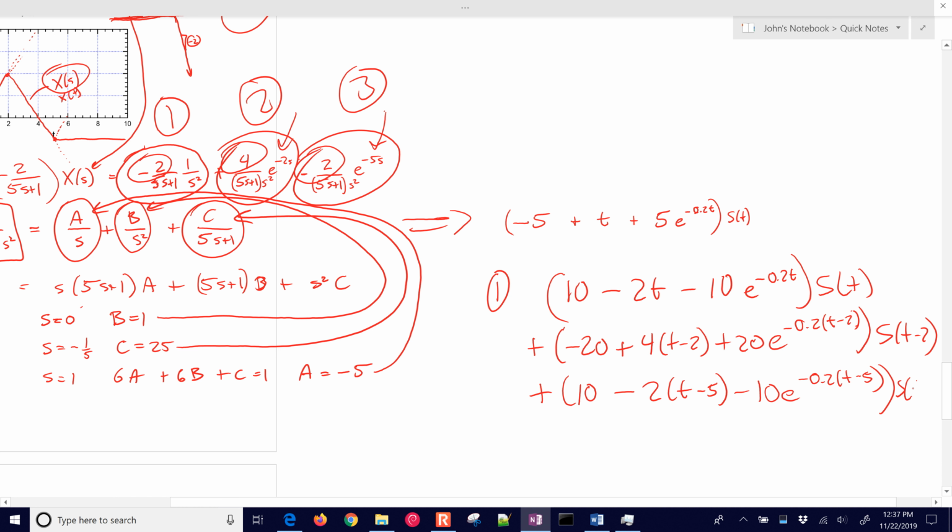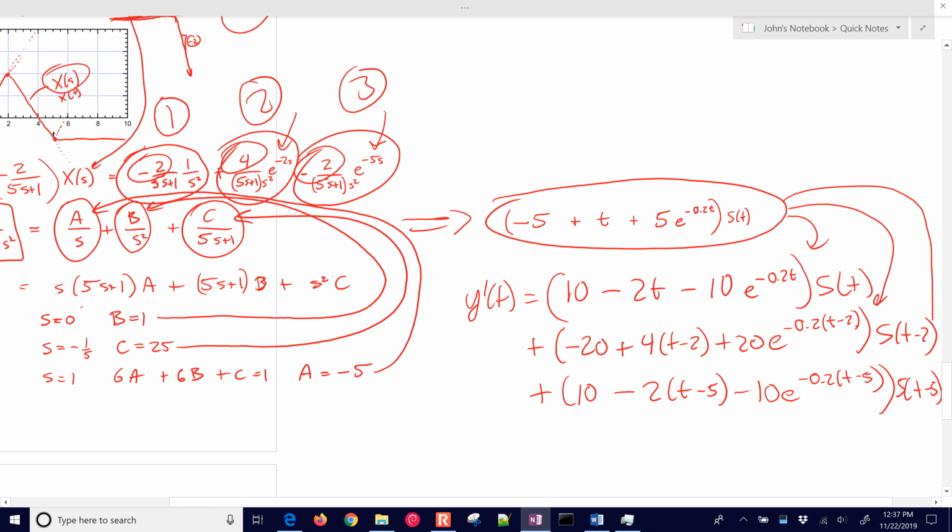And that's going to be u of t minus 5. So this is going to be y prime of t equals this big expression, but we just had to convert one of them with the inverse Laplace, and then we just applied it 3 different times with different scalar value out front, and then also different time shift.